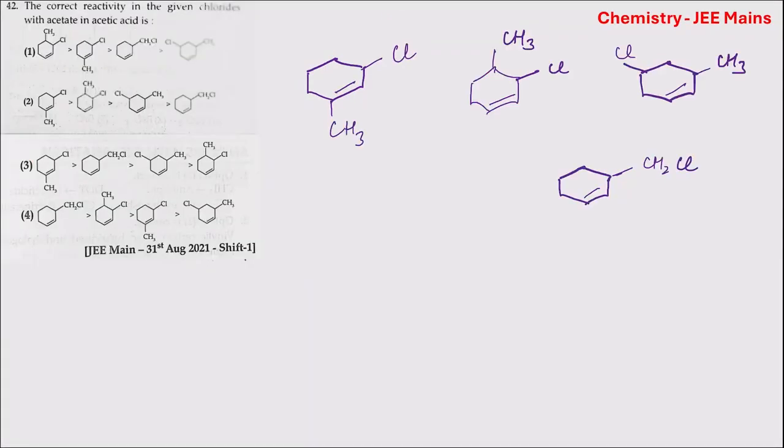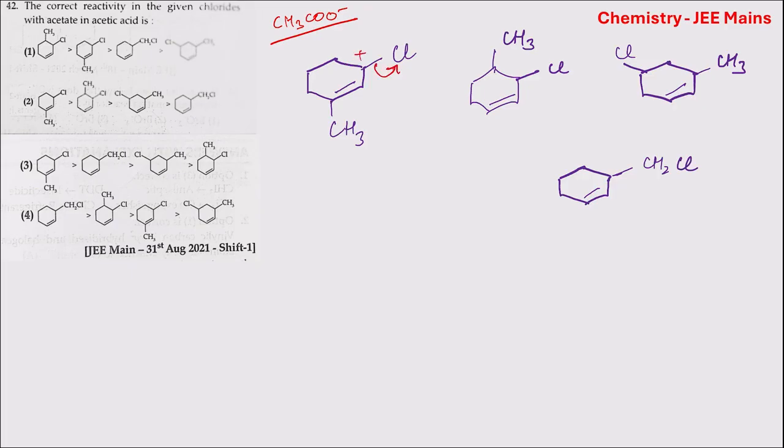The correct reactivity in the given chlorides with acetate in acetic acid is. Now acetate ion is a weak nucleophile, so it will follow SN1 mechanism, and SN1 mechanism depends upon the stability of the carbocation intermediate formed. More is the stability of the carbocation formed, greater is the reactivity. Now in this case, this chlorine will leave as chloride ion.